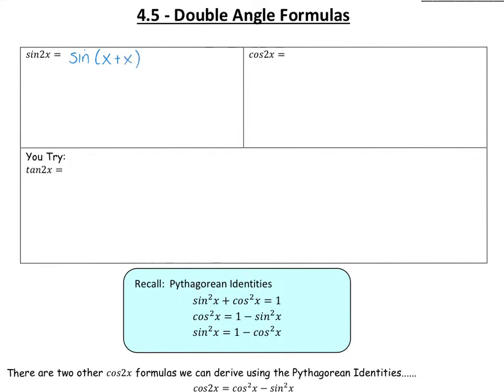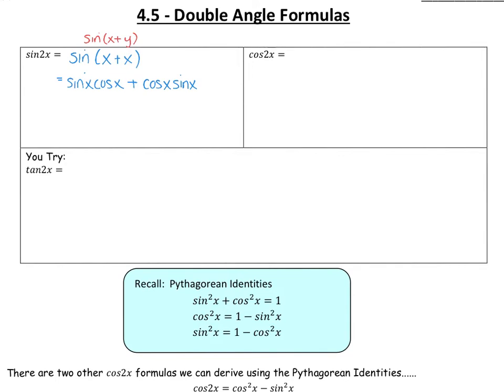I hope it makes sense that I could then apply the sine x plus y formula, where I'm adding two angles together and taking the sine of it, and I would then get sine x cos x plus cos x sine x.